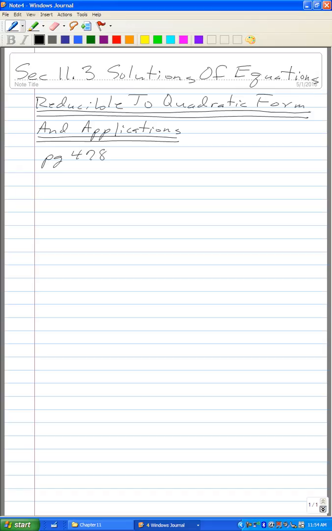Problem number 2. x cubed minus 16x equals 0. In exercises 1 through 20, solve the equation by factoring. So I notice that there's an x in common, so let's factor out an x.